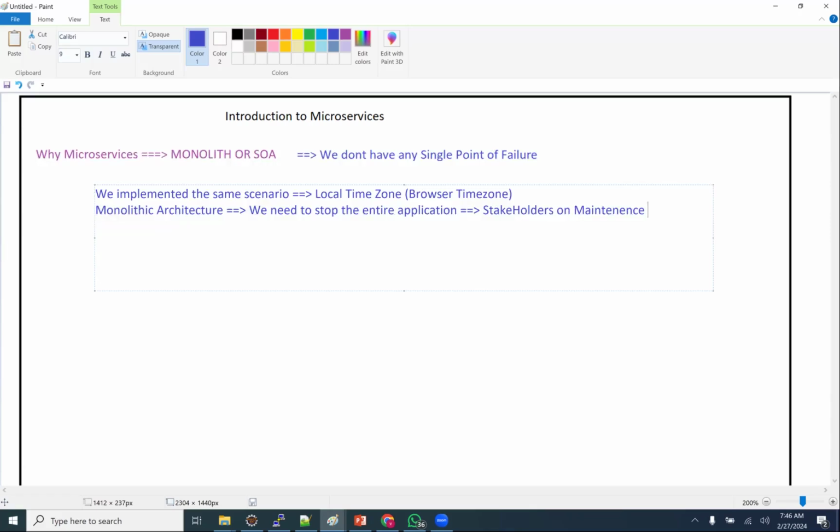A problem in one of the services, in one business functionality, impacts the entire business. If you want to correct it, we need to stop the entire system.